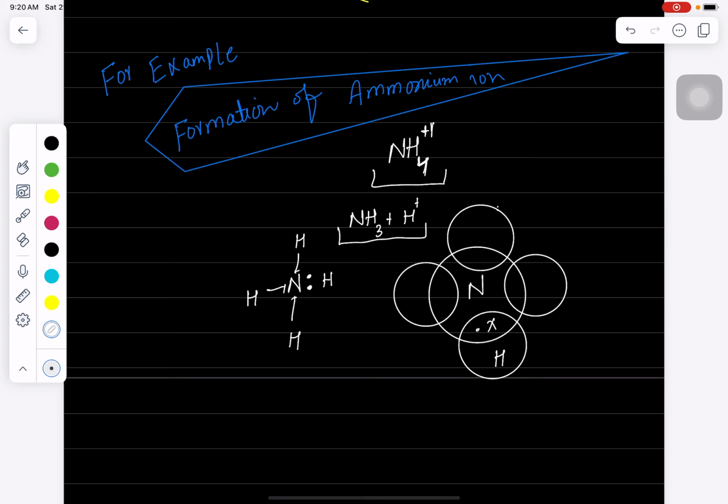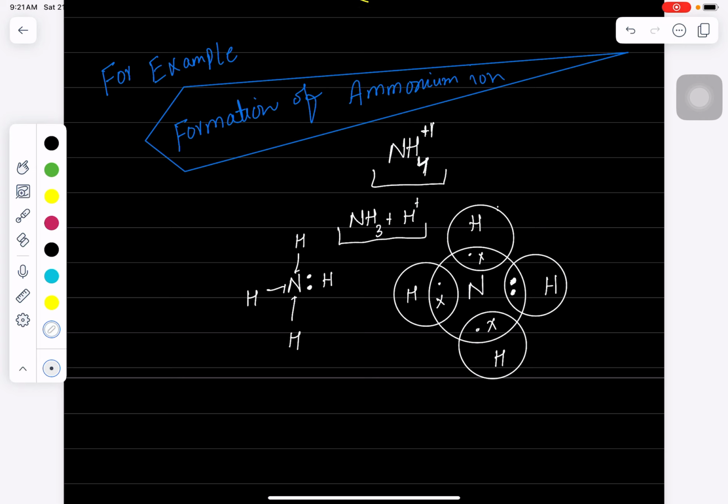Here we have hydrogen, hydrogen and hydrogen, each with 1 electron from hydrogen and the other from nitrogen. These are the 6 electrons, but nitrogen has a lone pair that would be shared with the hydrogen. That's why we will show it with the same representation, because these 2 electrons are both from nitrogen, so they will have the same representation.